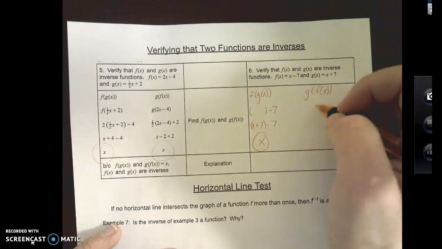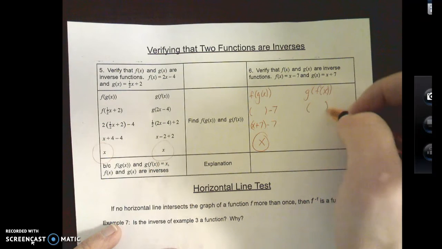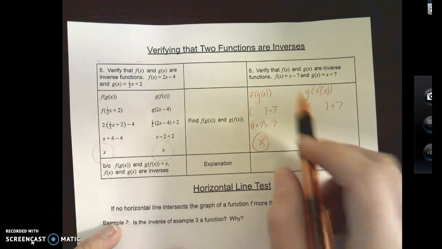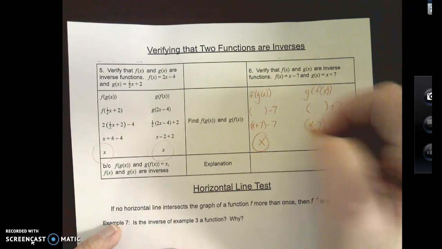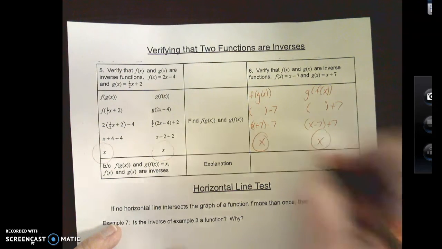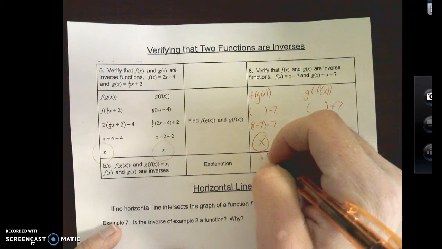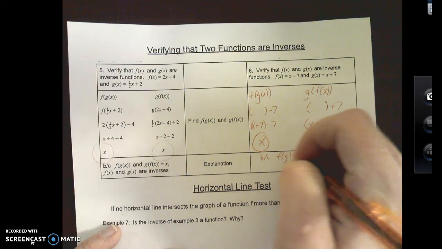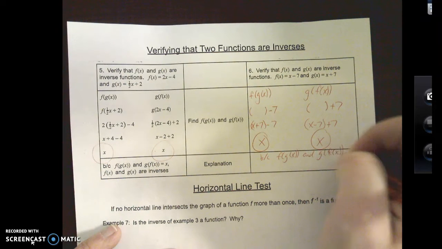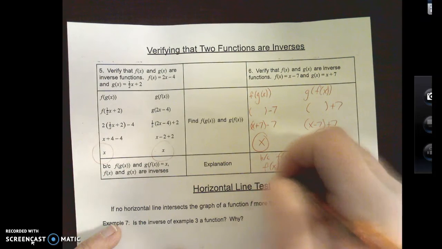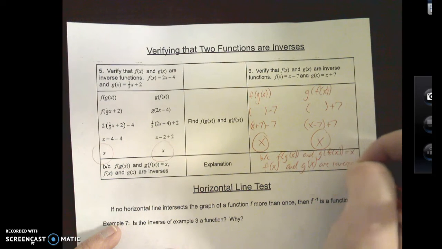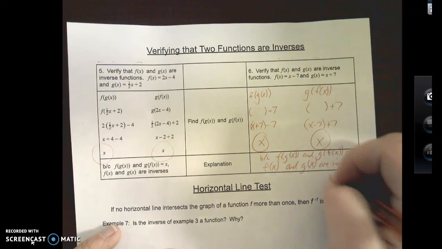My g function is something plus 7. The something that I'm going to put in there is my f function, so it's x minus 7 plus 7. They cancel out. I get x. So my explanation: because f of g of x and g of f of x equal x, f of x and g of x are inverses. Okay, that's a really bad inverse.